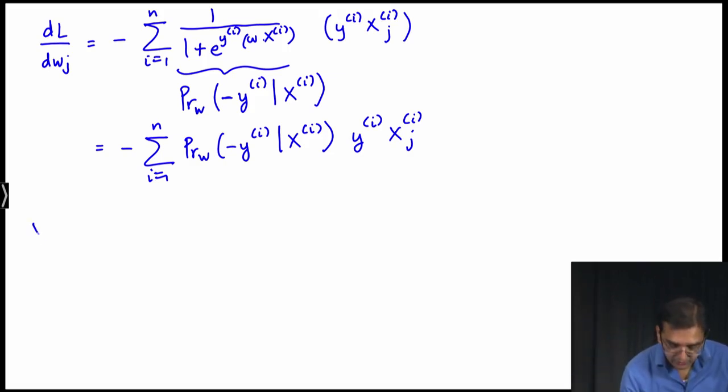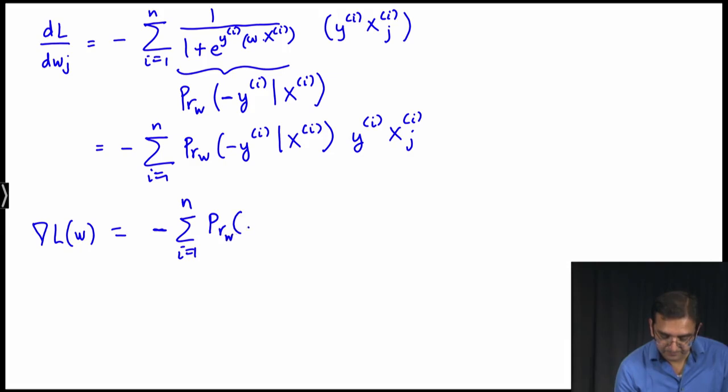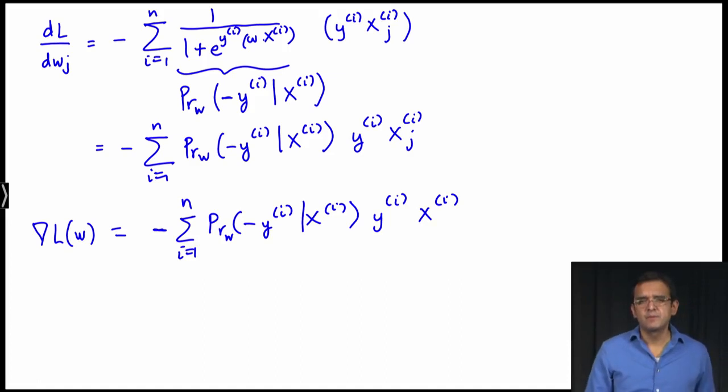Okay, so the overall derivative of the loss function at w is a vector where most of this is exactly the same, and we just have xi at the end. Okay, so why is that? Why is that what you get when you stack up these individual derivatives?